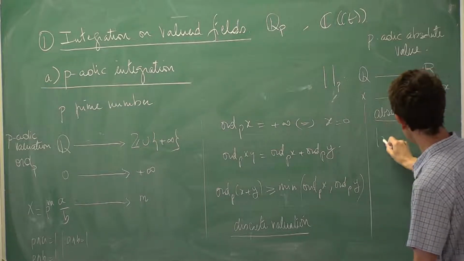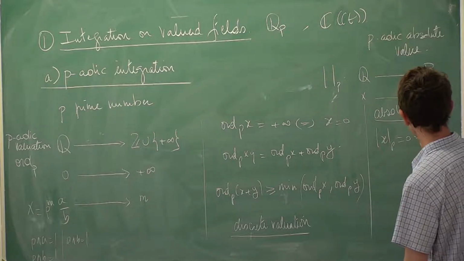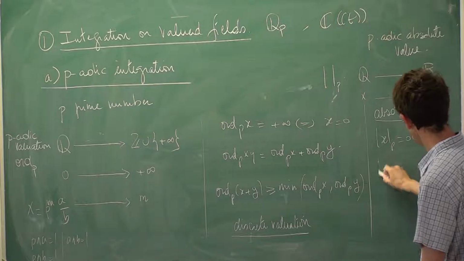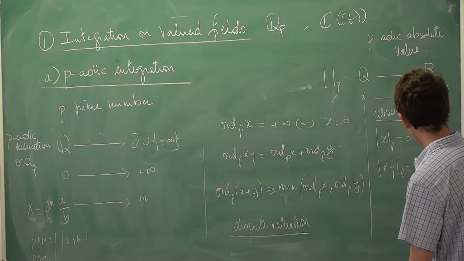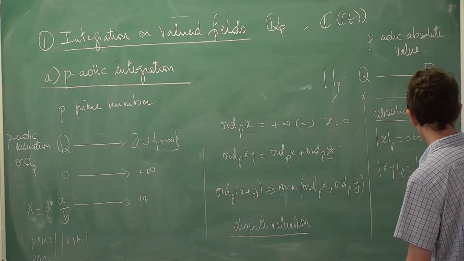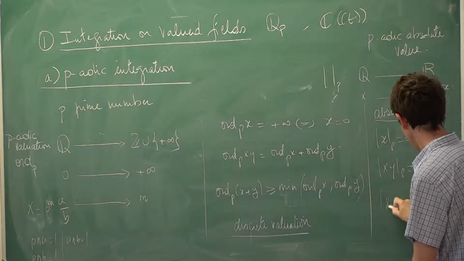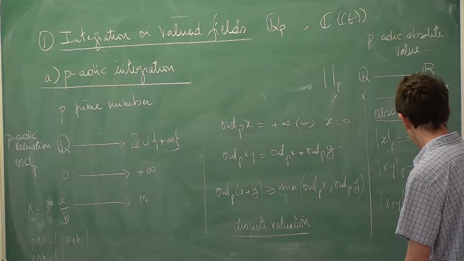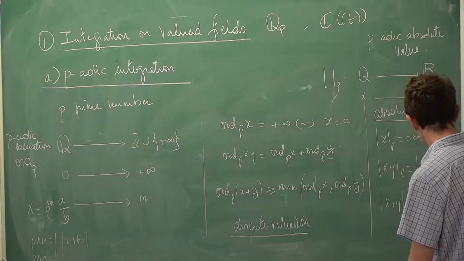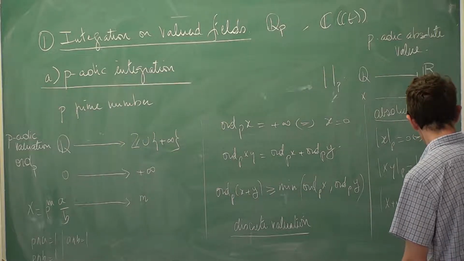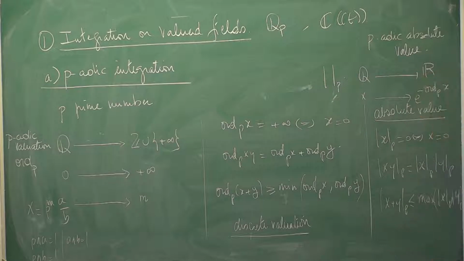So this is an absolute value. Okay, so this is equal to 0 if and only if x is 0. The absolute value of the product is the product of absolute values, and the absolute value of the sum is lower than the max of the absolute values.